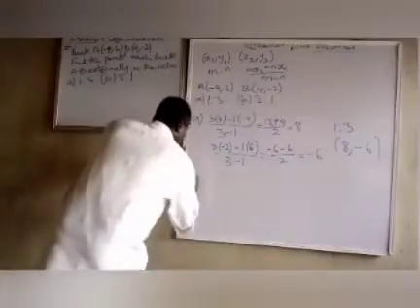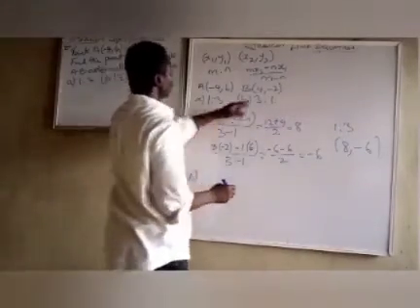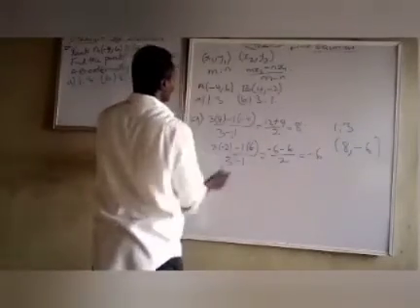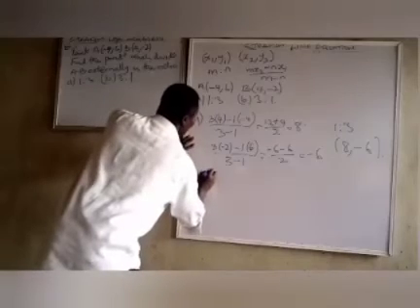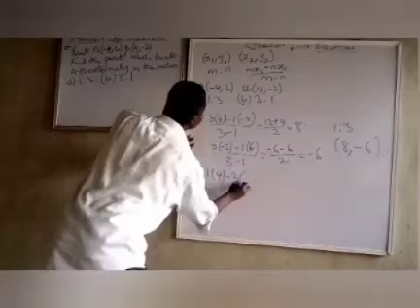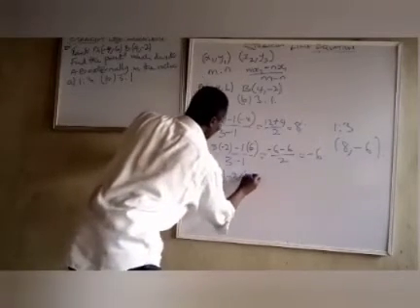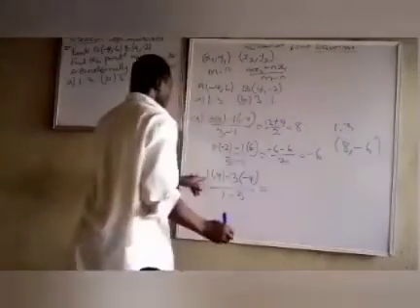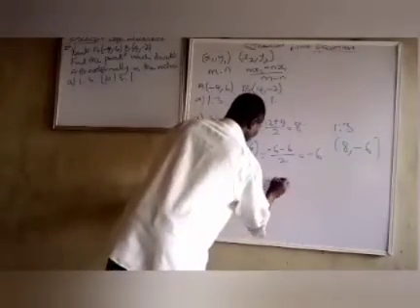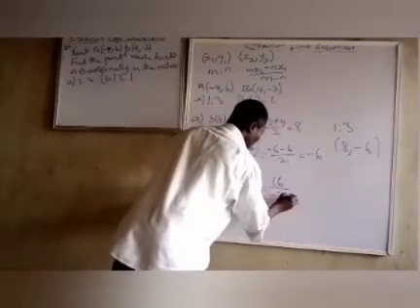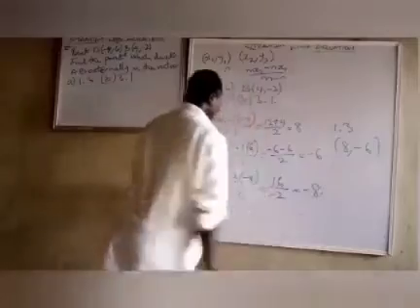Let's go to the B side. It's ratio 3 to 1. So we are going to use the 1 to multiply the B parts. So it is going to be 1 into 4 minus 3 into minus 4 over 1 minus 3. That is going to be 4 plus 12, 16, over minus 2. That's going to be minus 8.